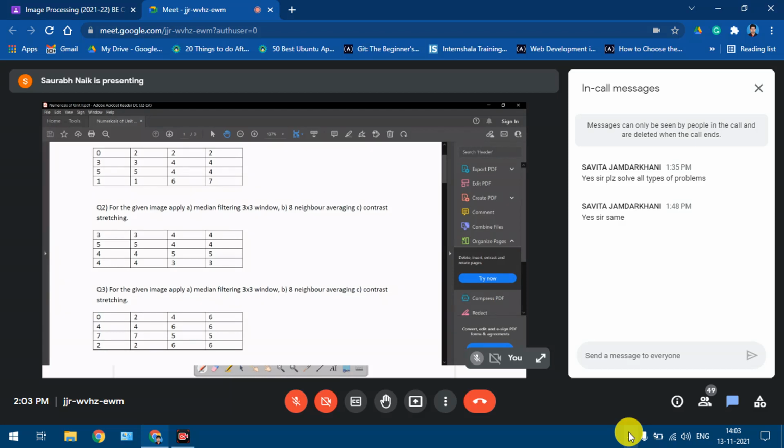So the minimum size of each pixel would be 3 bits per pixel. So assuming that it is a 3-bit image, that is each pixel has 3 bits, we can apply contrast stretching to this with the linear transform. You would be having the equation.